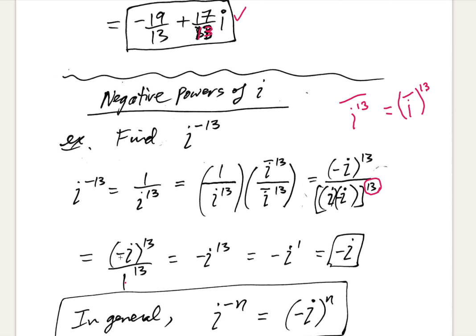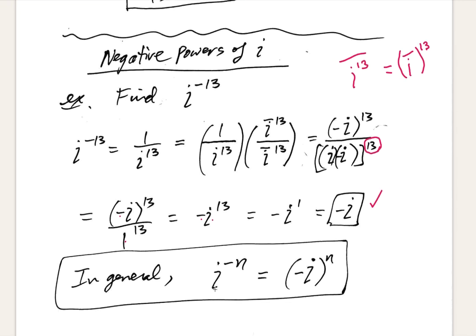Now, because I'm raising it to an odd power, negative 1 to the 13th is negative. Then I've got i to the 13th power, and you know how to find i to the 13th power from the previous video. You just find its remainder upon division by 4. 13 divided by 4 has a remainder of 1. So negative i to the first is negative i.